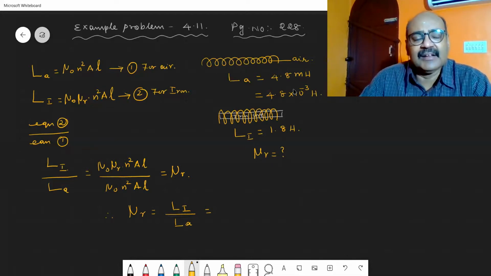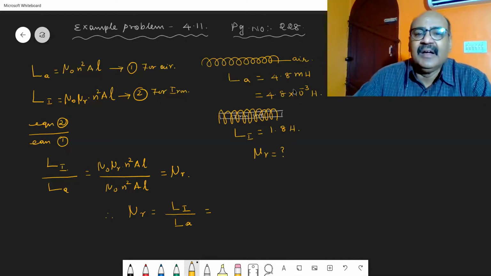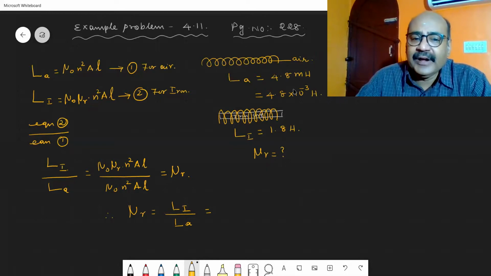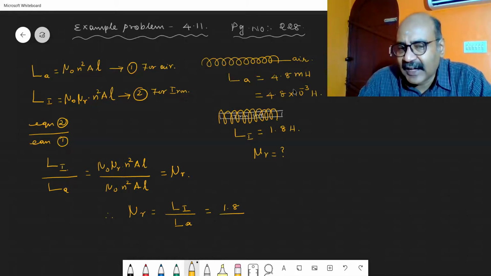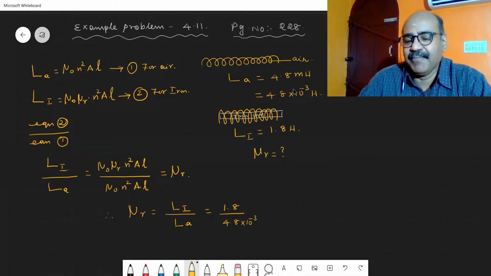Which is equal to, the coefficient of self-induction of the iron core is given as 1.8 Henry. So 1.8 divided by the coefficient of self-induction of the air core, which is 4.8 into 10 to the power of minus 3.